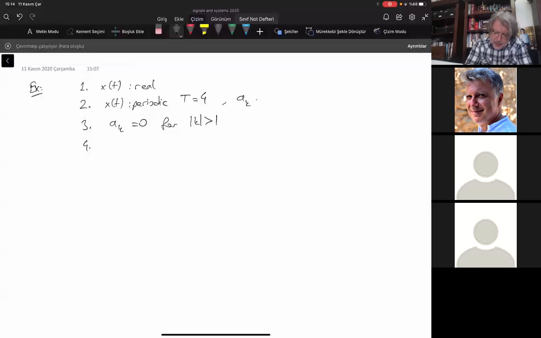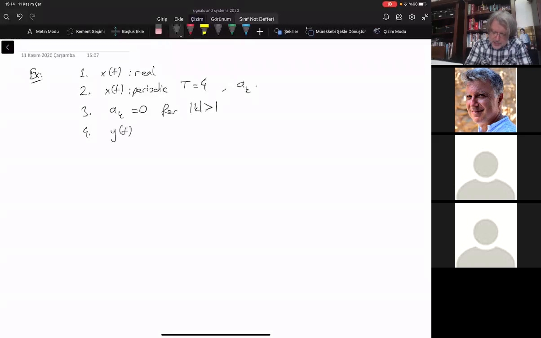See some properties of y of t whose Fourier series coefficients are bk's. So x of t has Fourier series coefficients ak, and y of t with Fourier series coefficients bk are related to a minus k e to the minus j pi k over 2.